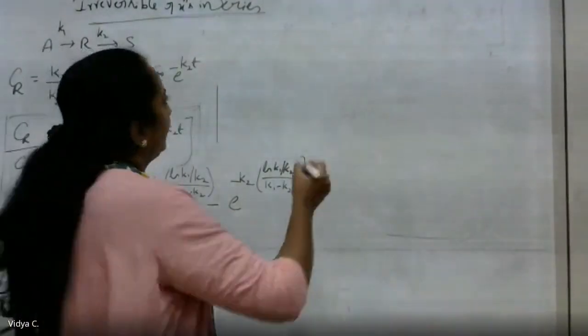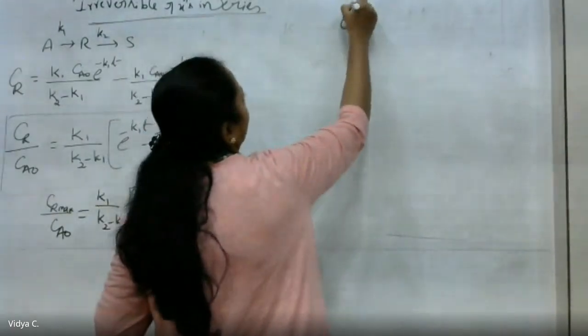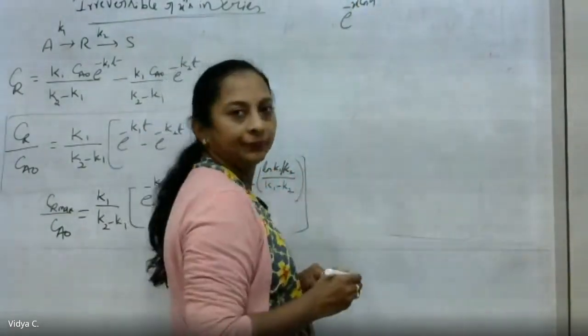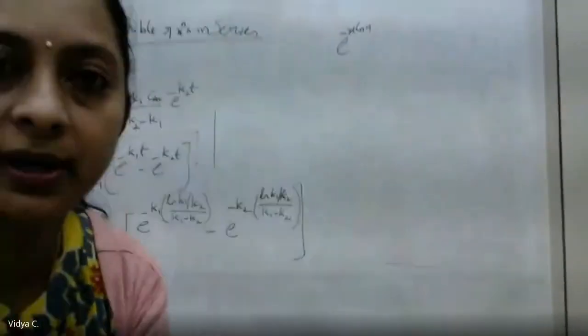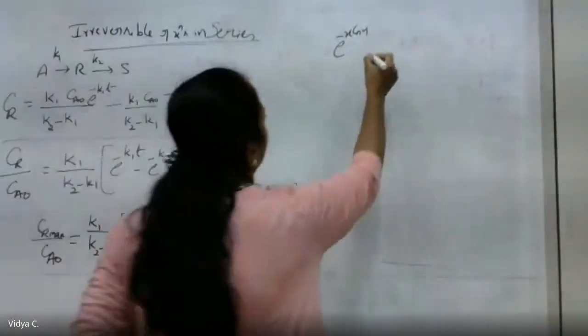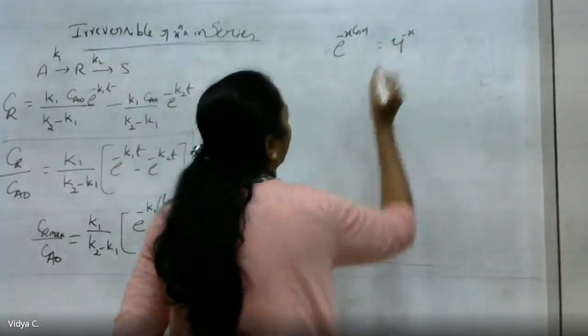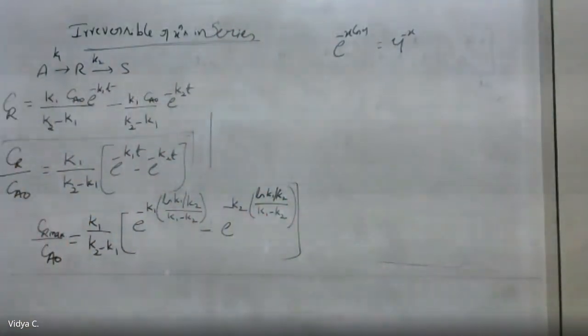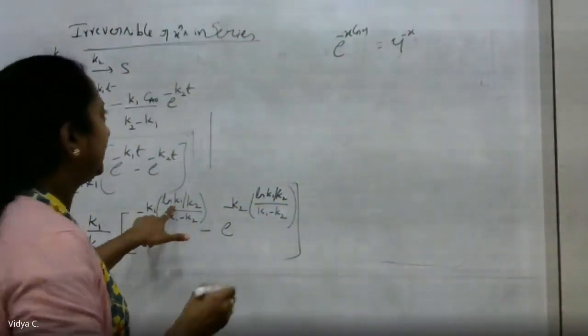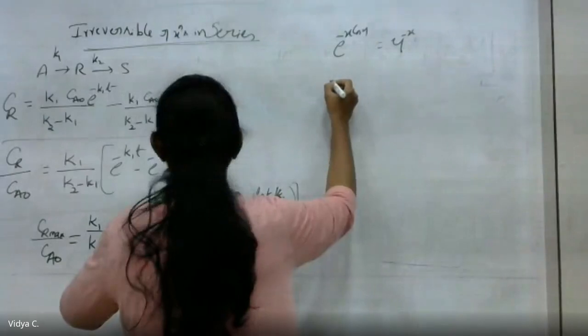Next thing is, we know e to the power of minus x ln y is equal to y power minus x. So what can I write?